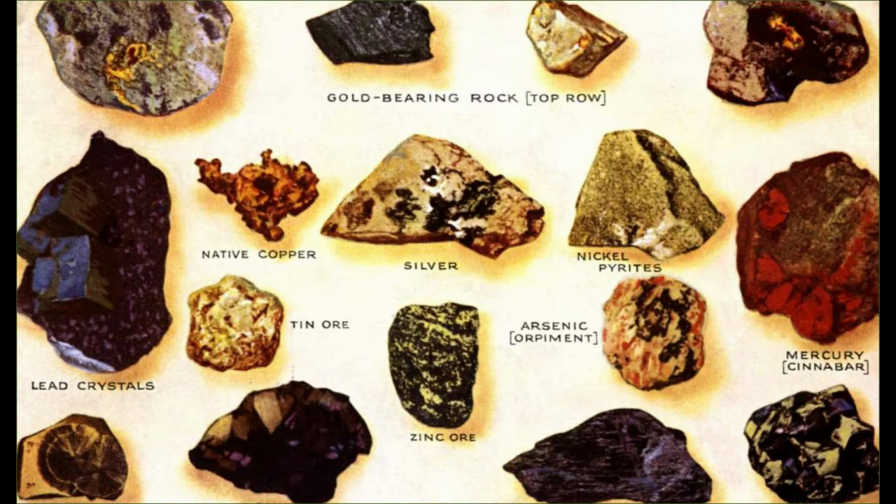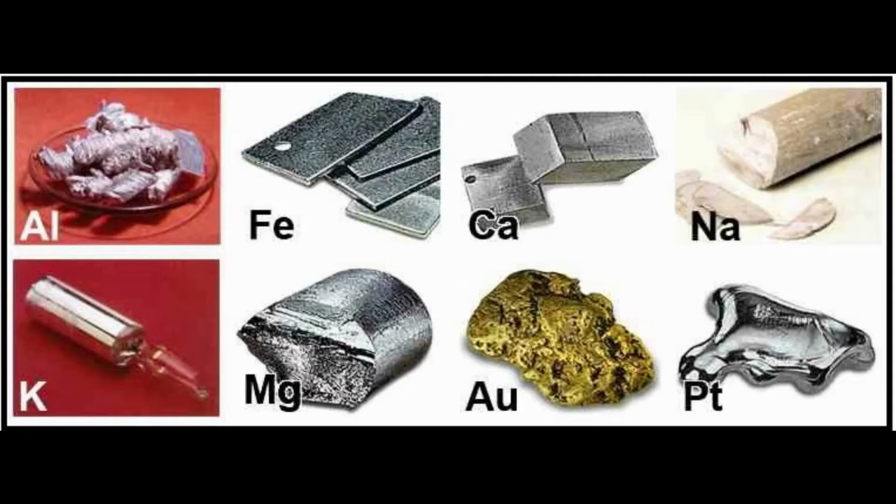By saying they have high densities, we mean that metals are heavy substances. For example, the density of iron is 7.8 grams per centimeter cube. This is quite high, so the iron metal is a heavy substance. However, some exceptions for metals are sodium and potassium metals.